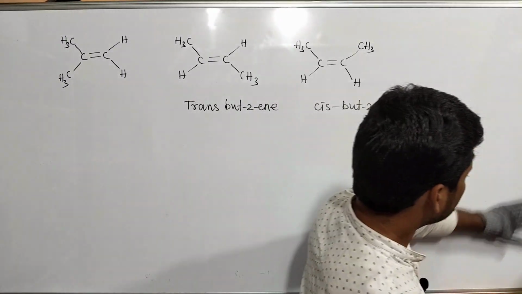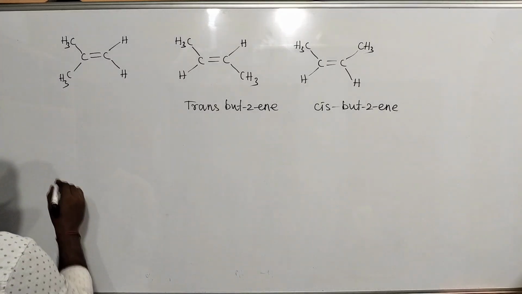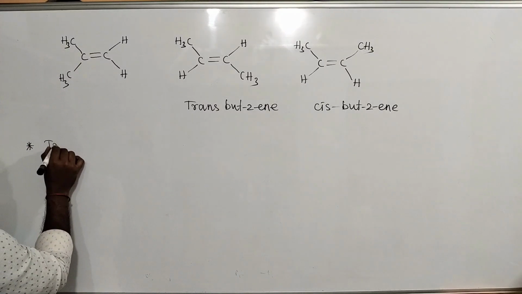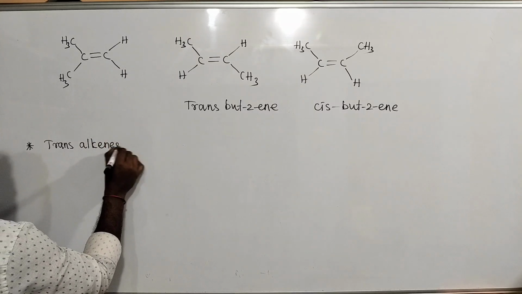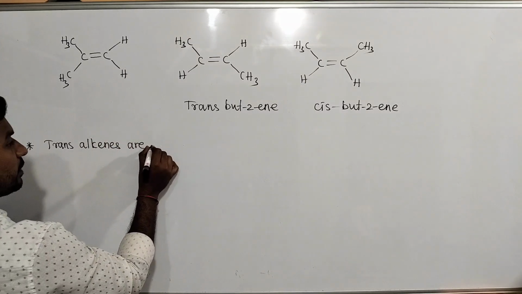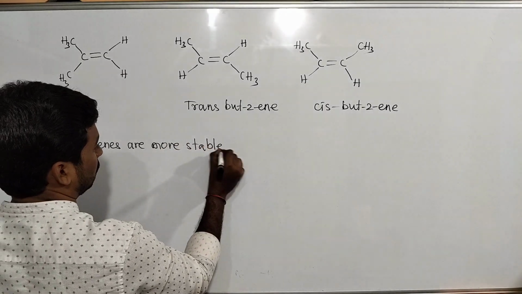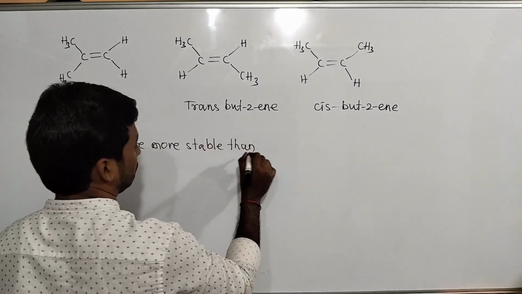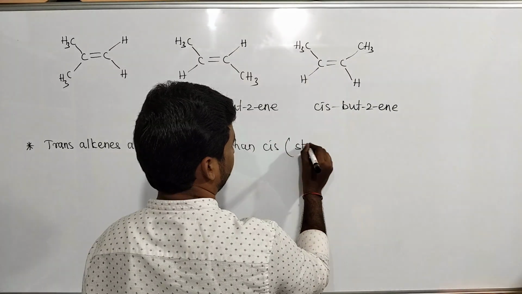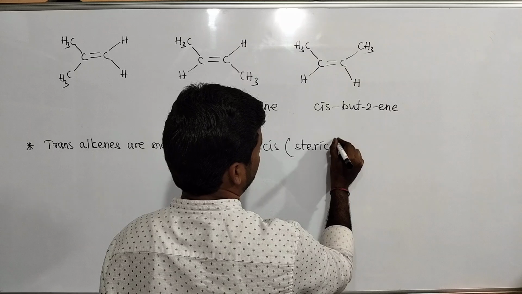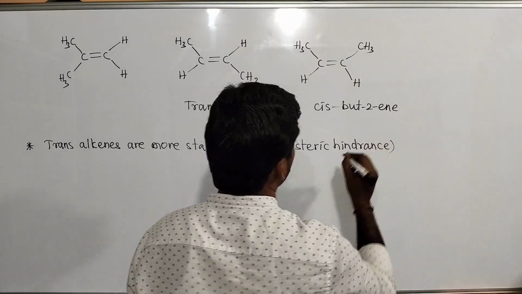Trans alkenes are more stable than cis due to steric hindrance. Steric hindrance means bulky group effect.